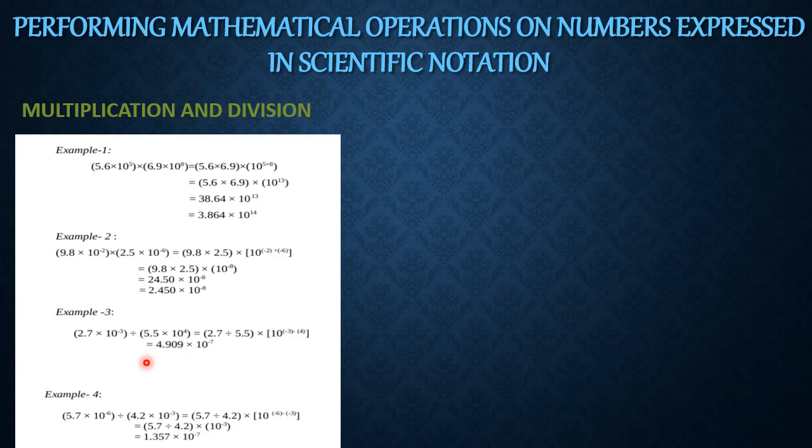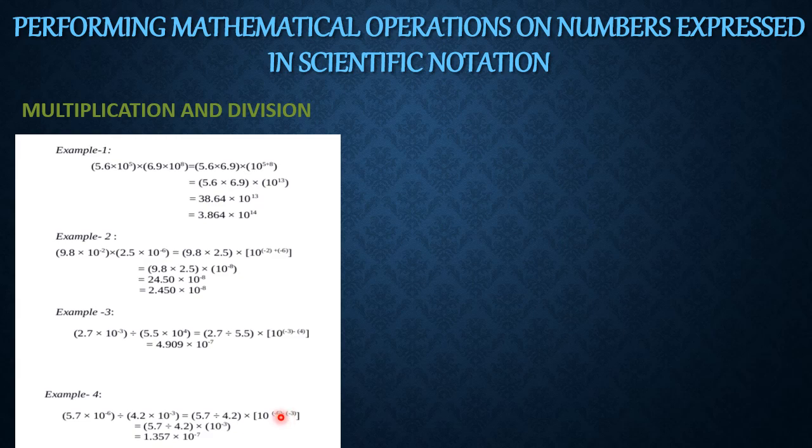The fourth one, 5.7 into 10 to the power minus 6 divided by 4.2 into 10 to the power minus 3. Same rule as usual, but here the powers are minus 6 and minus 3, so you have to concentrate. a to the power m by a to the power n equals a to the power m minus n.